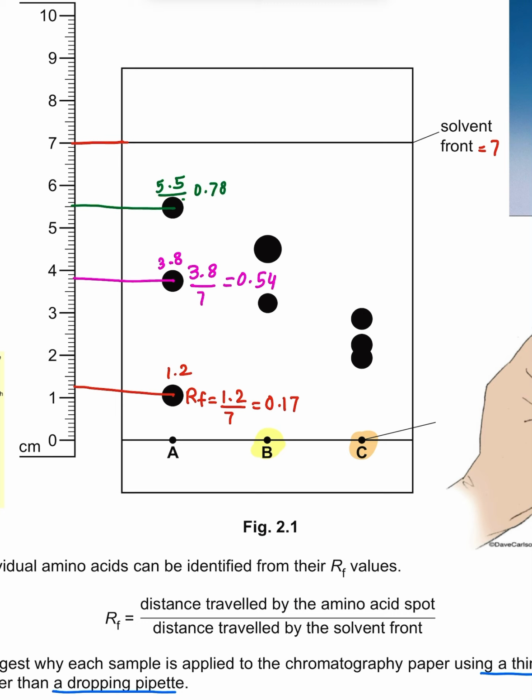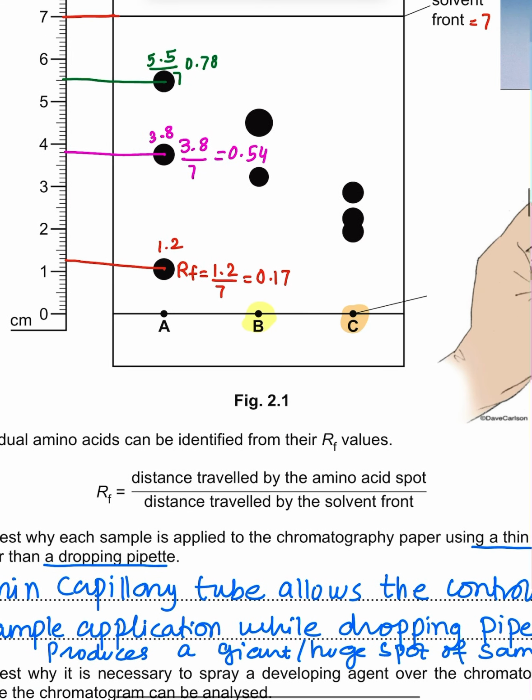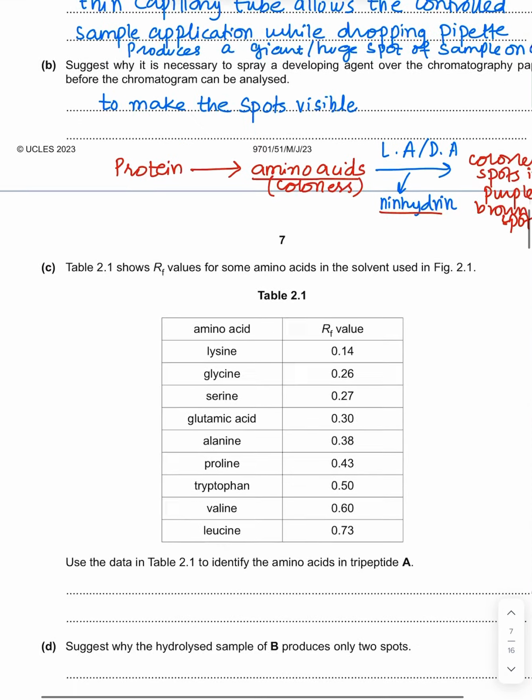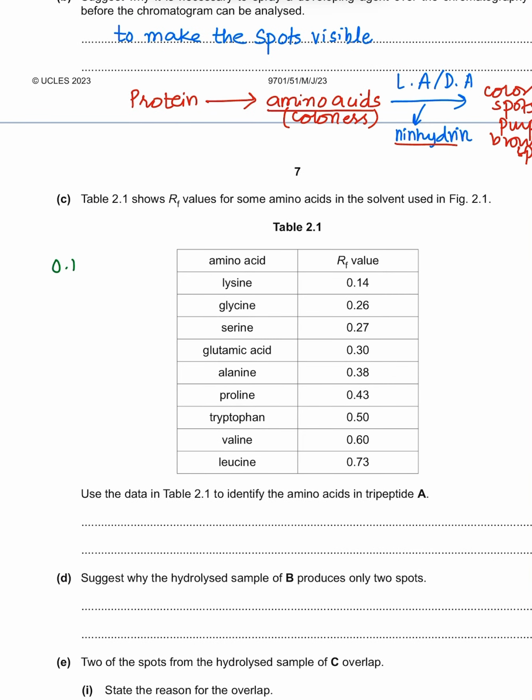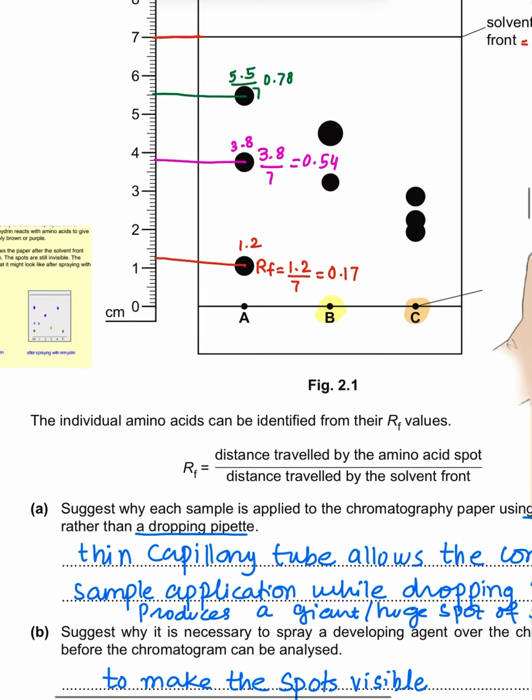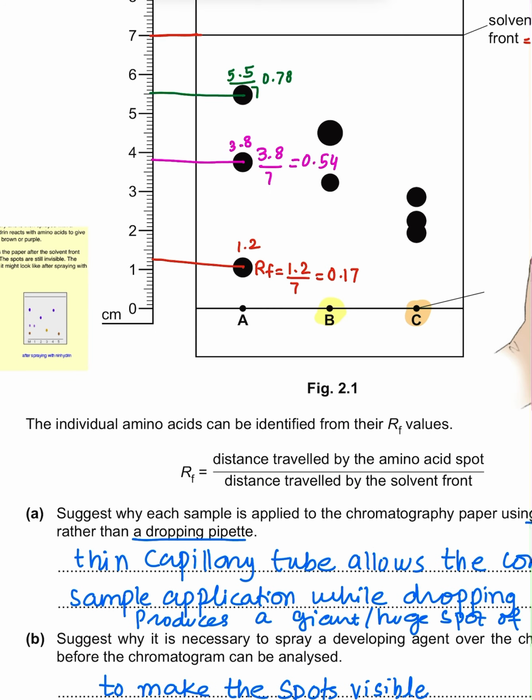So these are the values: 0.17, 0.54, and 0.78. We are going to compare which of these values align with the data. And remember that in all such questions you can use approximate values.